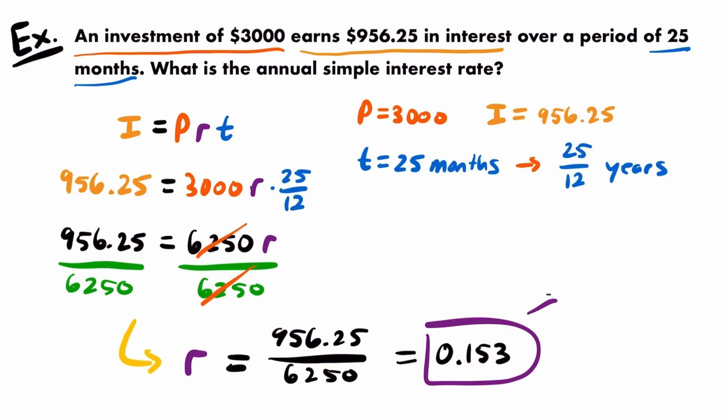Either way, you will get the percentage of 15.3%. All right, that is the correct answer, or the solution to this investment problem. An investment of $3,000 that earns $956.25 in interest over a period of 25 months had a simple interest rate of 15.3%.